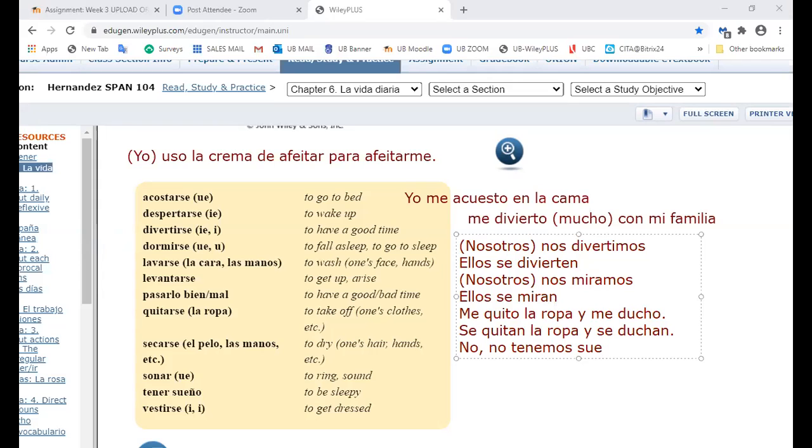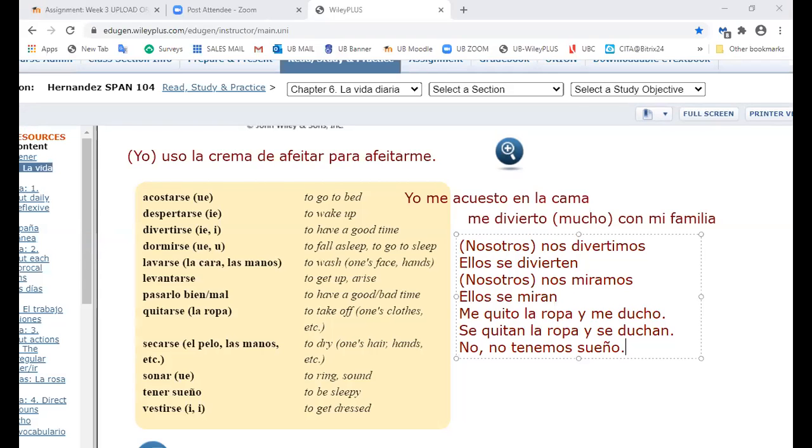No tenemos sueño. So how do we know when to put no after? No, it's always no tenemos. No is always in front of the verb. You know why I'm using this? Because I don't want you to think now that all verbs are reflexive.